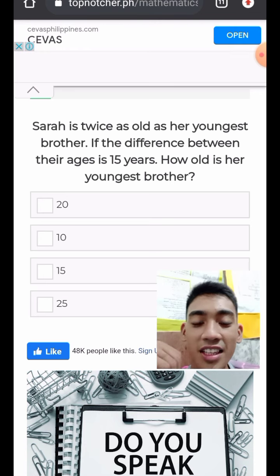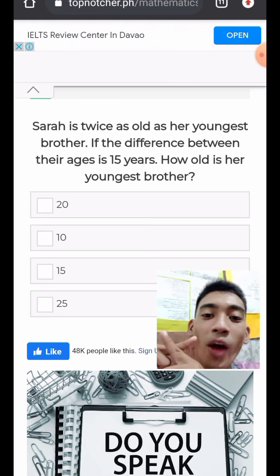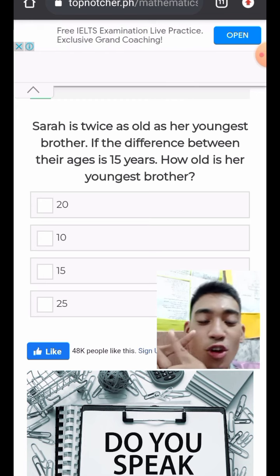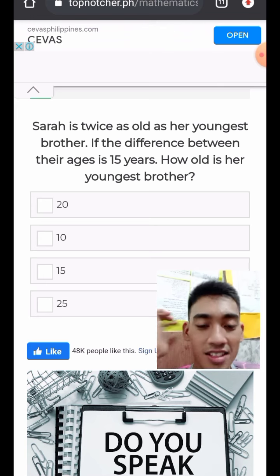The formula here: the age of the youngest brother will be x. Twice that is the age of Sarah, so the age of Sarah is 2x.